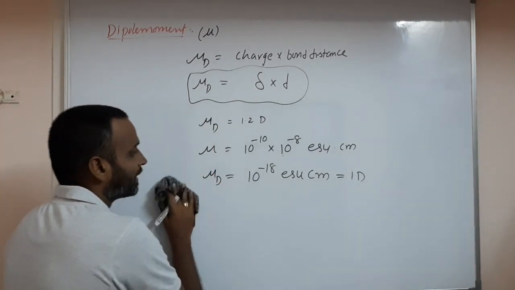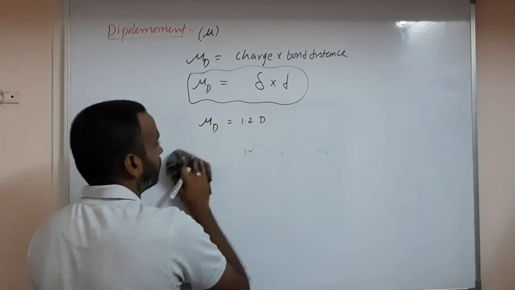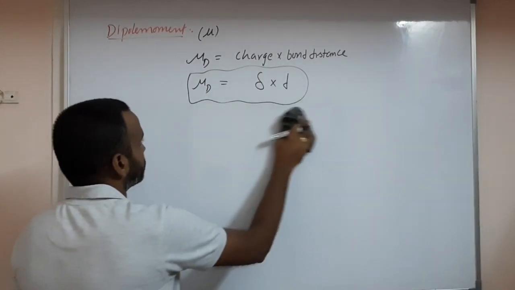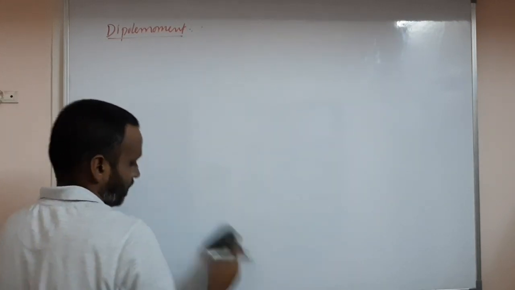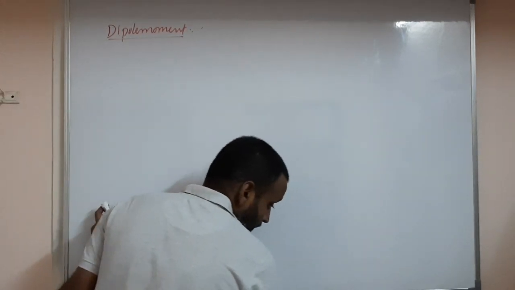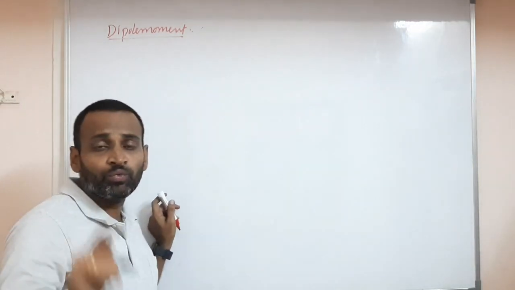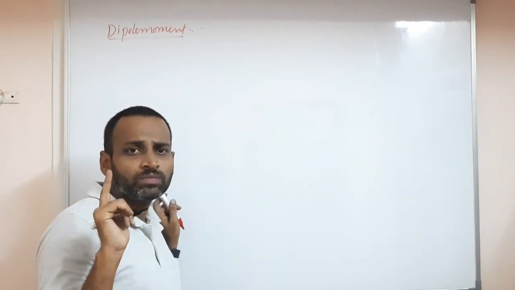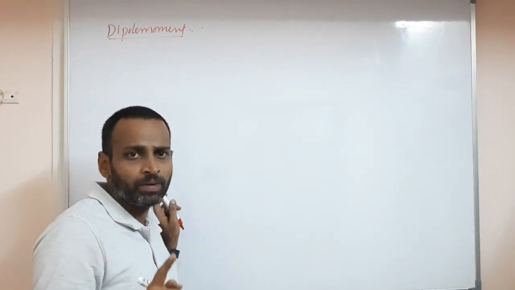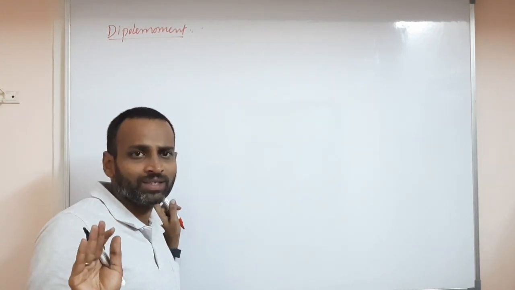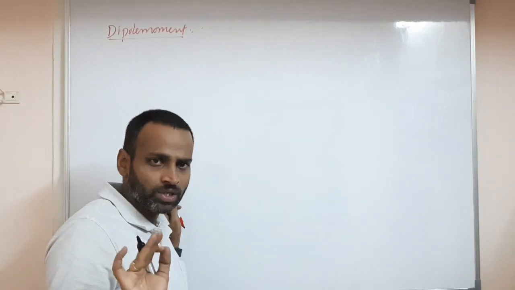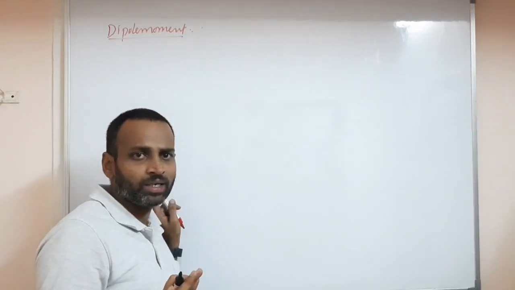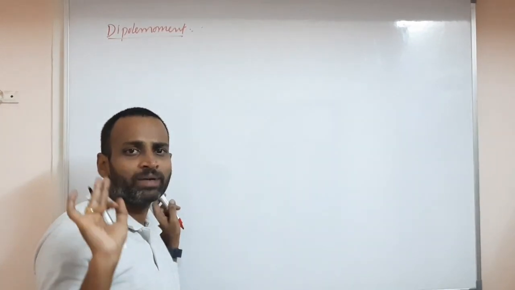Understood, sir? Next, in which molecules do you have dipole moment? As I said many times, dipole moment will be 0 when the molecule has the geometry or shape according to VSEPR theory. That means if the molecule has a structure according to VSEPR theory, then the molecule is symmetrical.